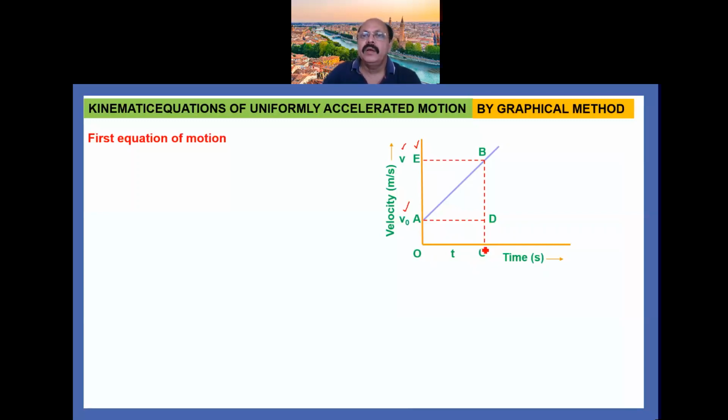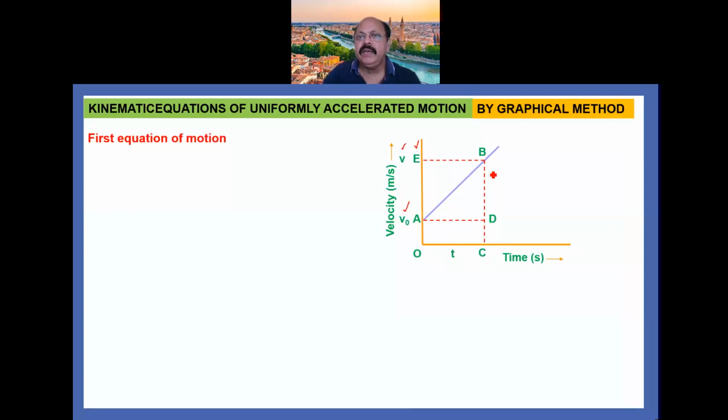Now one more point that we have taken, B, onto the straight line represented by the blue color, and from this point B we drop the perpendicular on the velocity axis as well as onto the time axis. Therefore OA equal to V naught, which is equal to CD, OE equal to V, which is equal to CB.